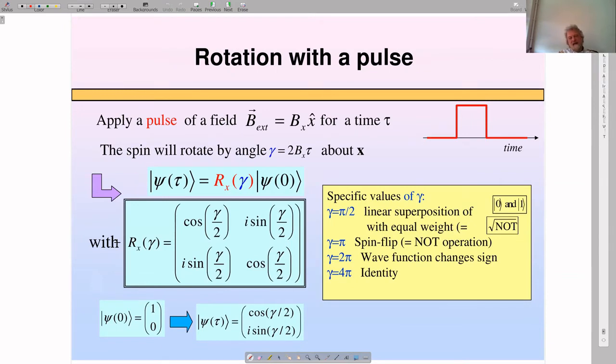Fine. To understand how to change the state, let us first look at rotation with a pulse of effective magnetic field, or whatever these fields are which are coupled to the Pauli matrices. In that case, we start and we end up with a situation where all these fields are 0.